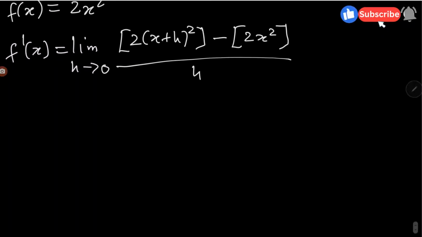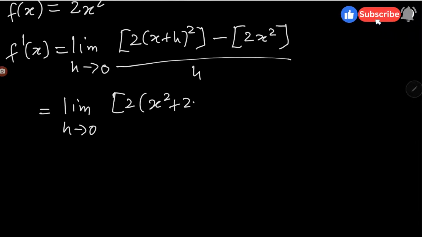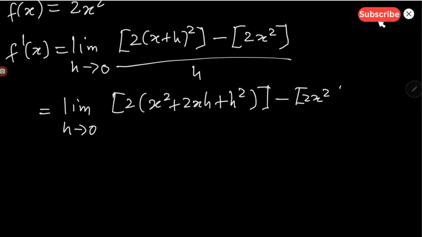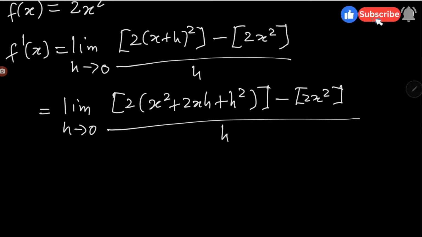Okay, so from here we'll say this is the limit as h tends to 0, so we shall just expand. So we'll have 2, if we expand we'll have x squared plus 2xh plus h squared, and we'll close and we'll say this is minus 2x squared, everything over h.